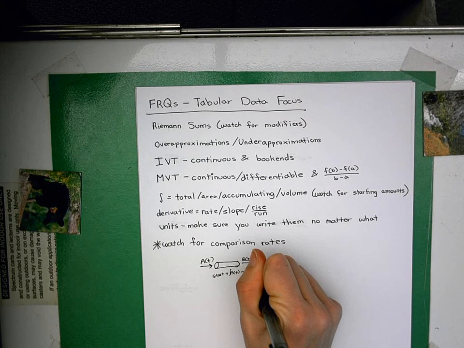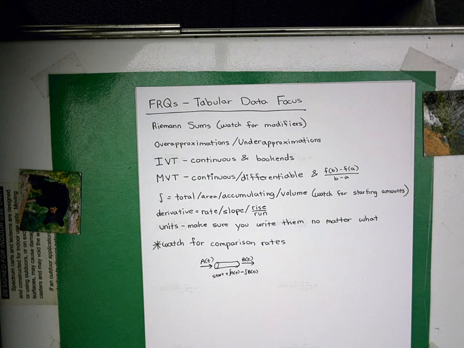A lot of times when you read these problems, it'll say something's flowing into something, and something else is coming out of it, and then you might be asked for what's inside the pipe. Students will miss that and only consider one of the two functions, but both functions impact what's inside the pipe.